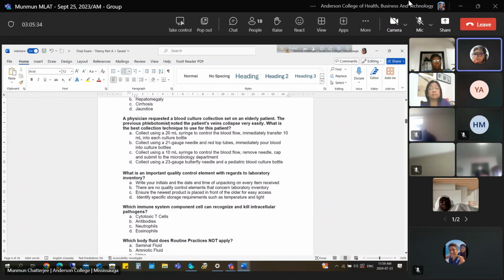A physician requested a blood culture collection set on an elderly patient. The previous phlebotomist noted the patient's veins collapse very easily. What is the best collection technique to use for this patient? Letter C, syringe method?